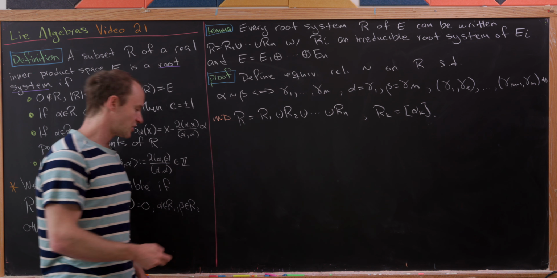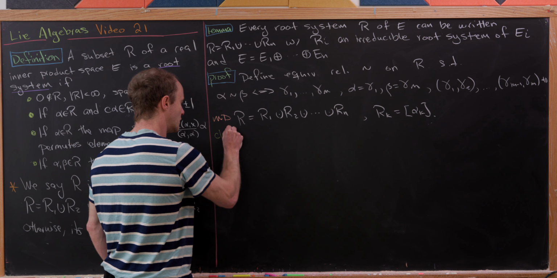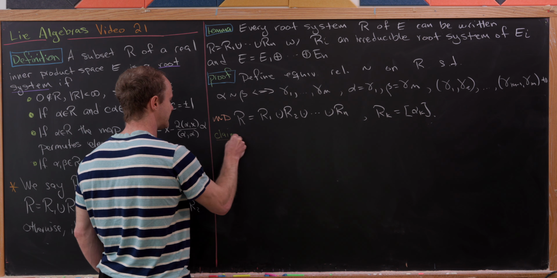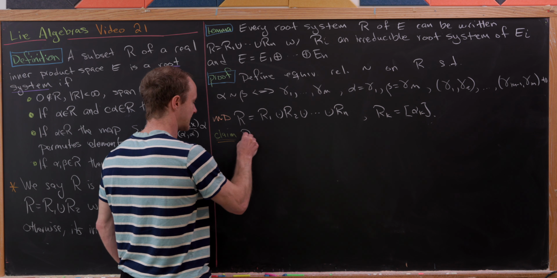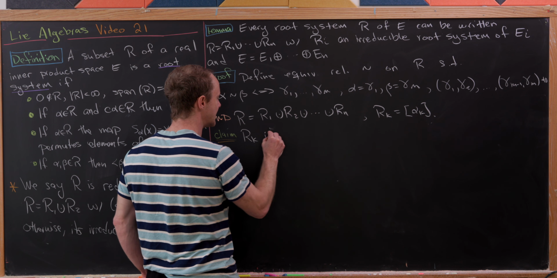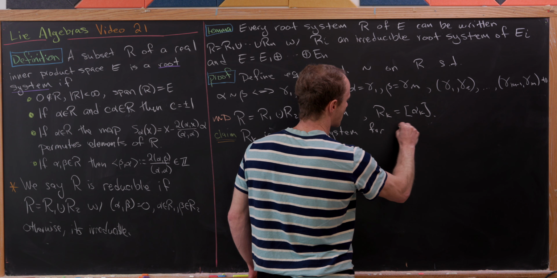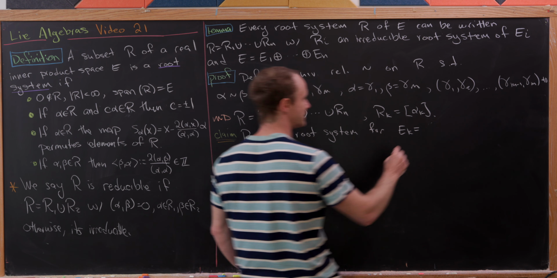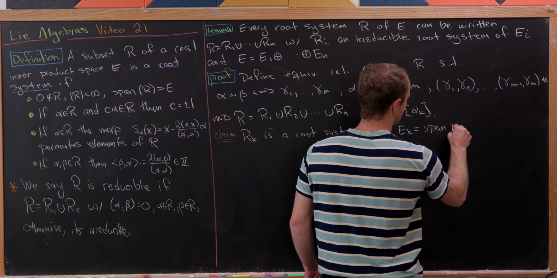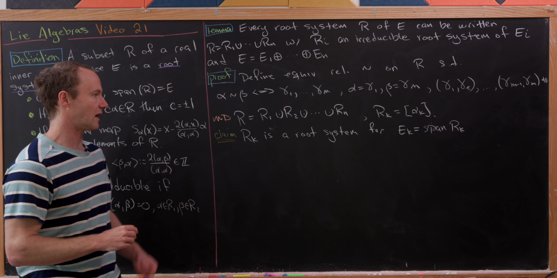Okay, so now that's going to bring us to a claim which will do a lot of the heavy lifting right here. That claim is that Rk is a root system for what I'll call Ek, which we'll just define to be the span of Rk, because we have to define the inner product space somehow.